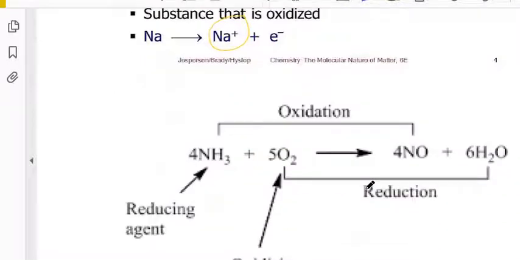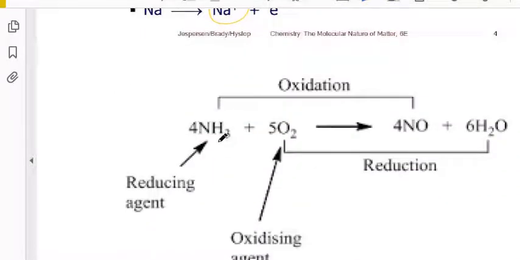Let us see the first example. Ammonia is reacting with oxygen. See, formation of NO is taking place. This nitrogen was joined with hydrogen, but now it is joining with oxygen. It means nitrogen gets oxidized.